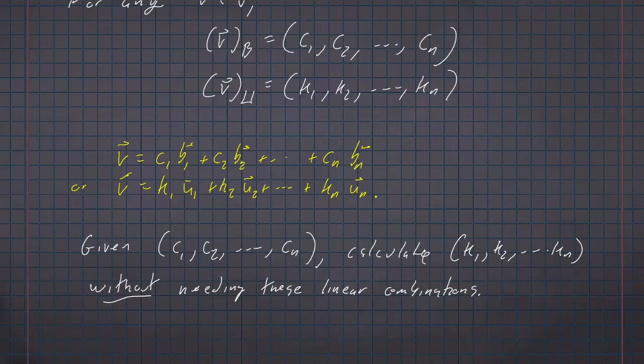without needing these linear combinations. Right? Because again, we have that option. Given C1 through to Cn, we know what basis B looks like.